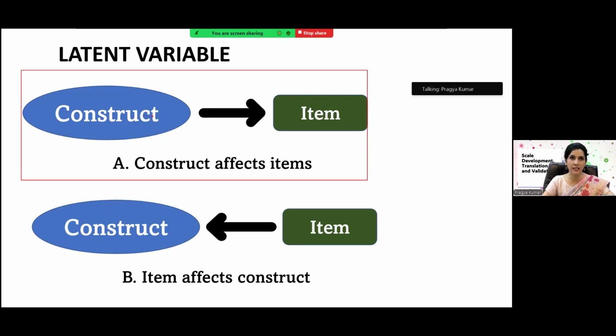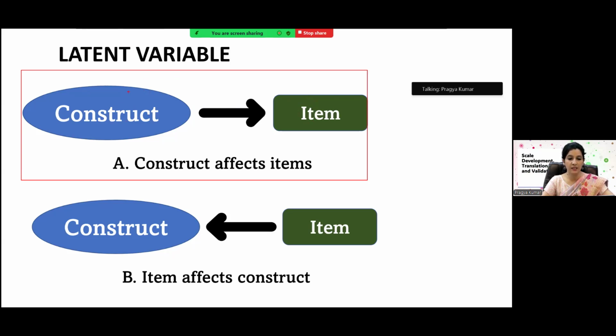So here I was explaining that since the construct is there before the item, you have devised these items later on. The construct is there before the item. And this construct, for example depression, is affecting the item. So the construct is an independent variable here, and the item is a dependent variable.